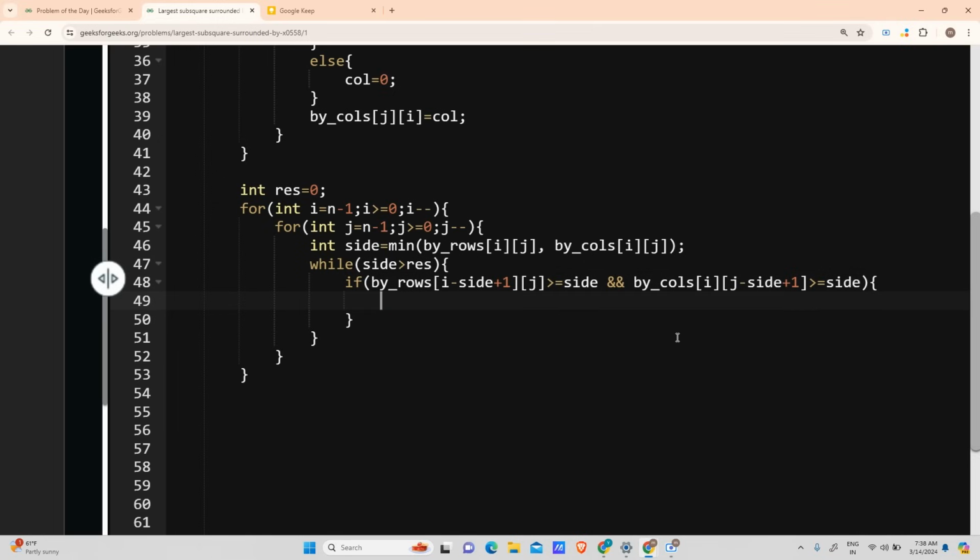In that case our result becomes equal to side, else side minus minus. Now you can add a break statement here. That is also okay because if side minus minus works, result is already going to be less than side, right? So else side, result equals to side, and that's all. At last return result. This was the whole code, guys.